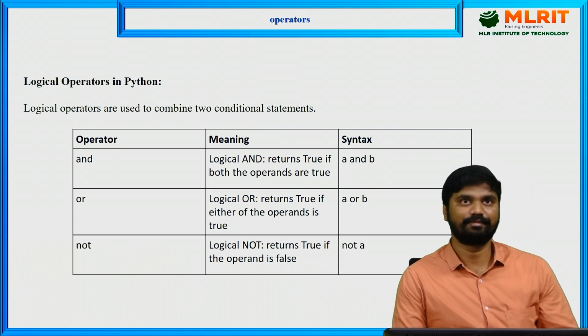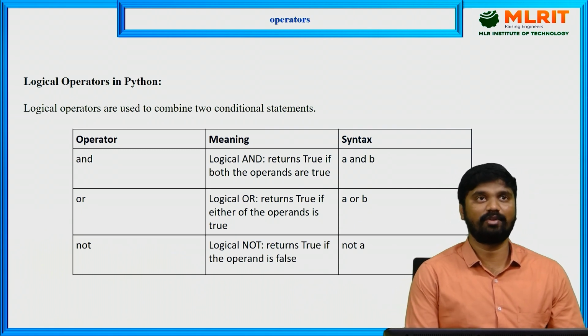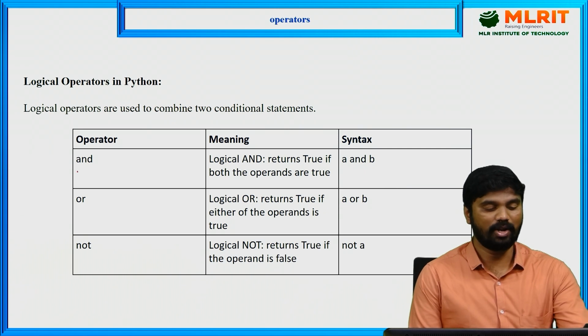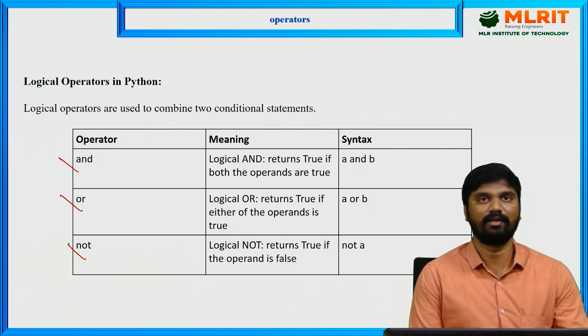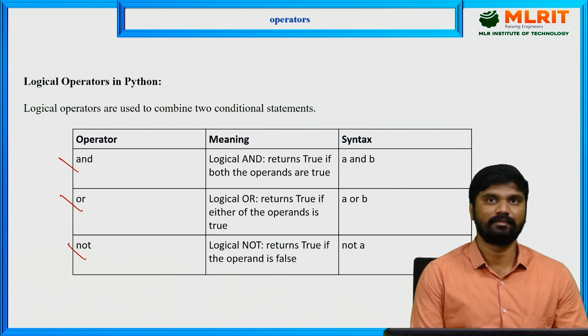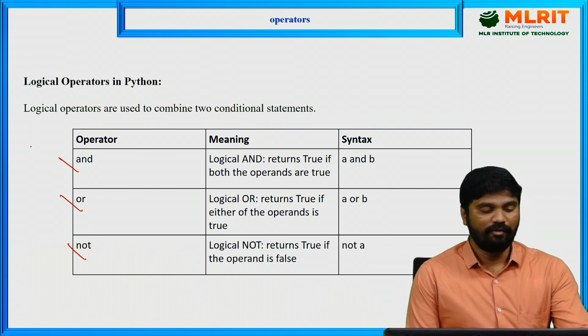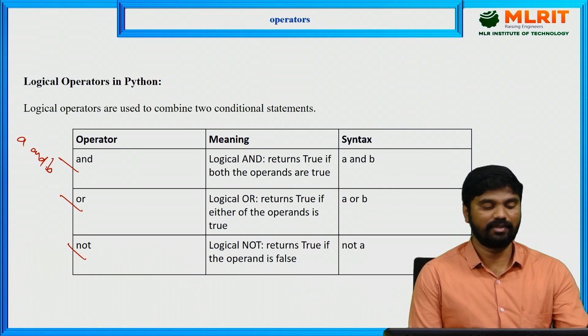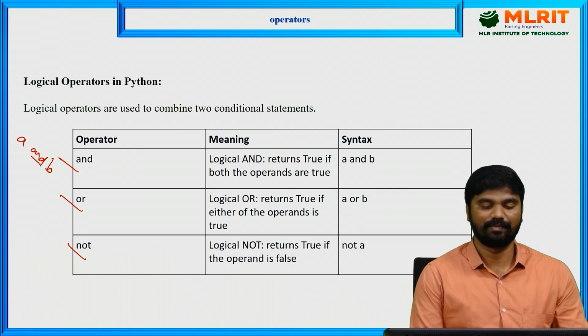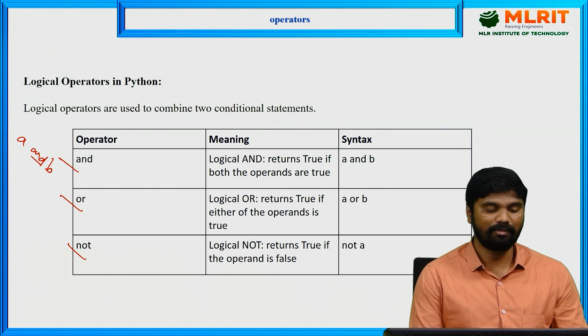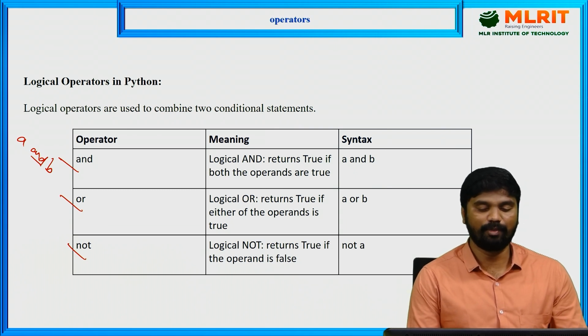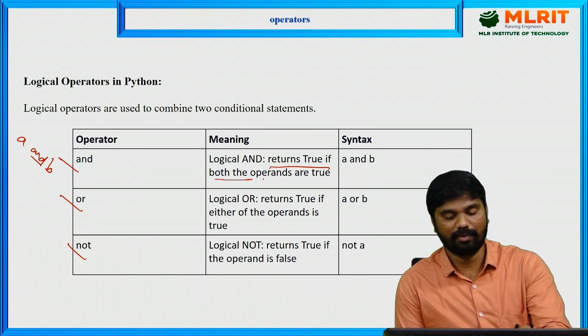Here 3 types of logical operators are there: AND operator, OR operator and NOT operator. Whenever we are going to perform A and B, for example, the AND operator, it returns true if both operands are true.